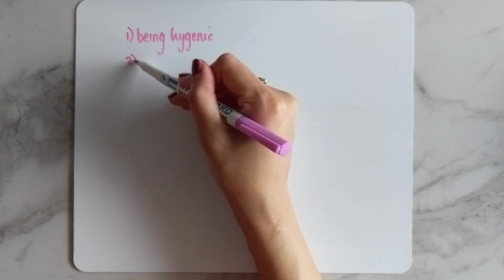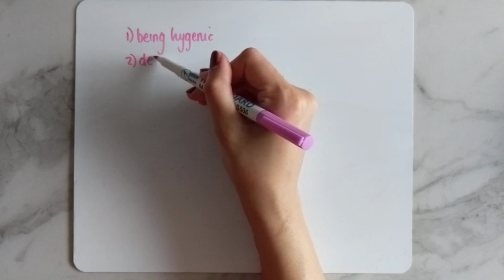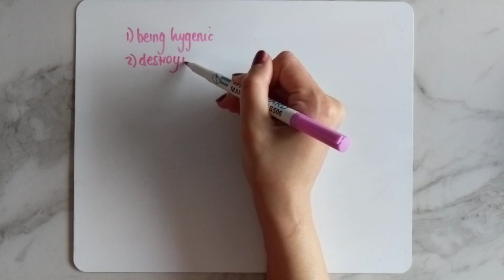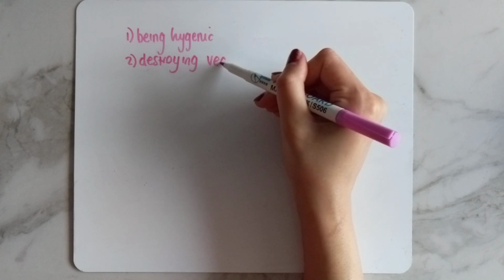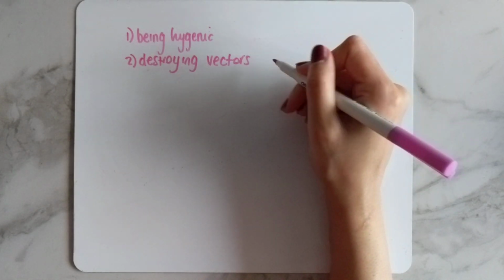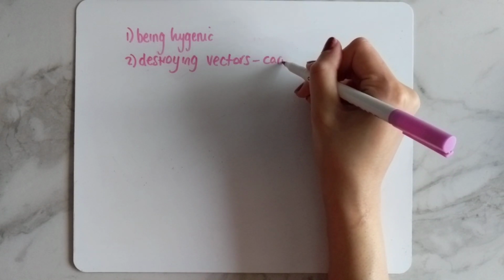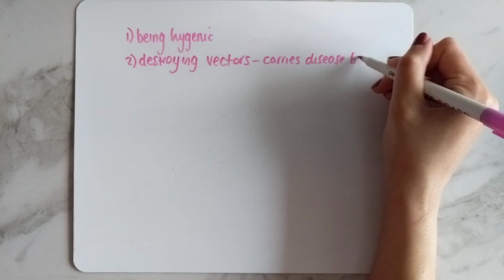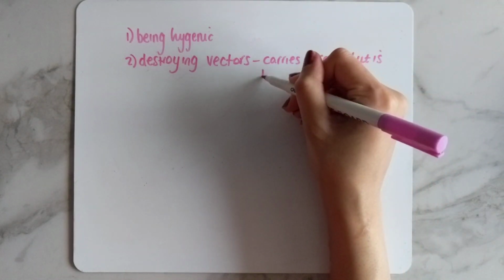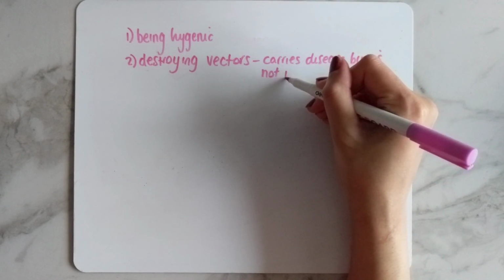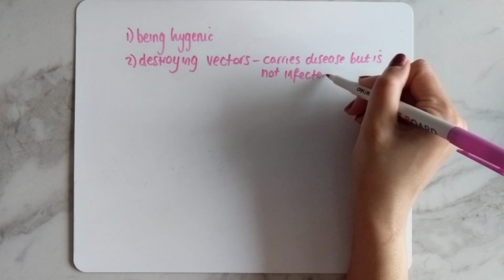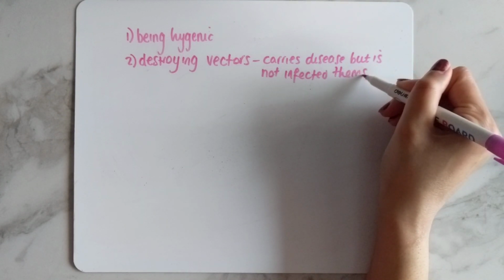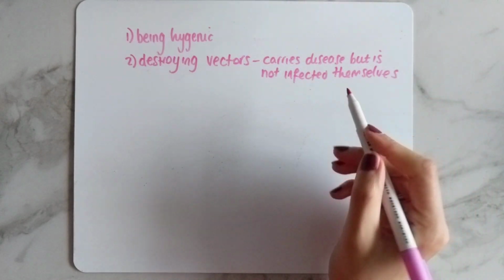The second thing is by destroying vectors. Now, vectors are anything that carries disease but is not infected themselves. So an example of that is a mosquito.